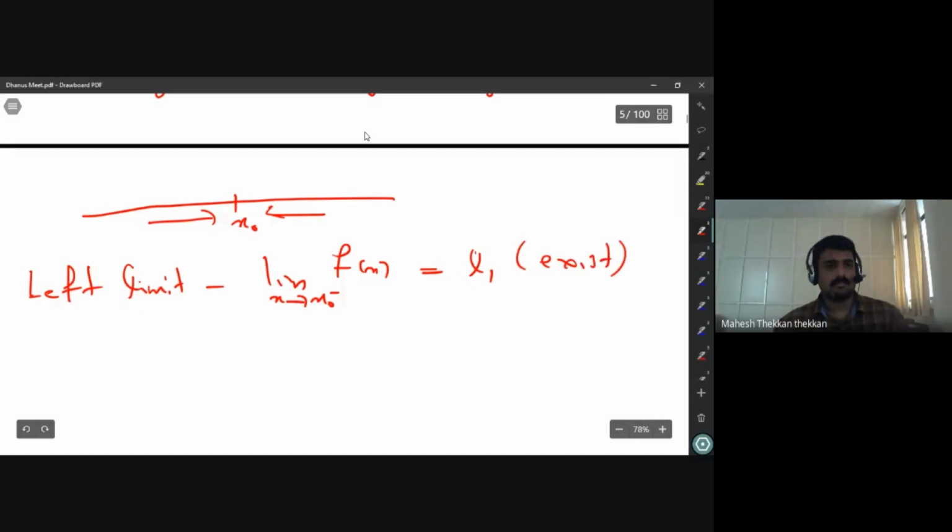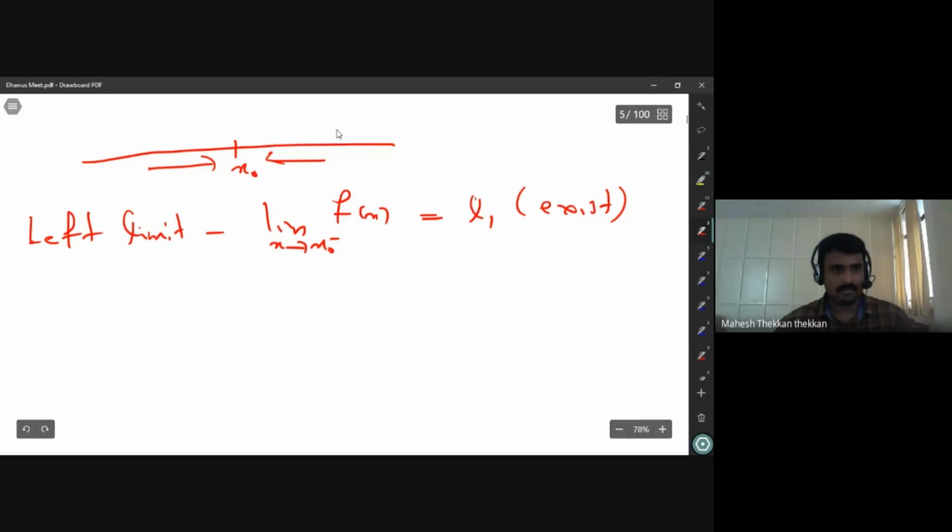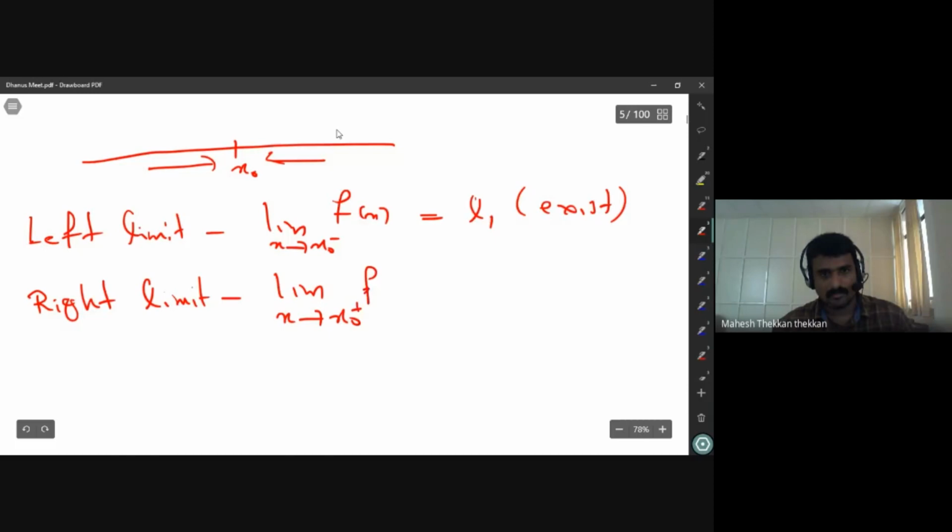Another one is the right limit. This is limit x tending to x naught plus f of x, and this is L2. I also assume this exists.